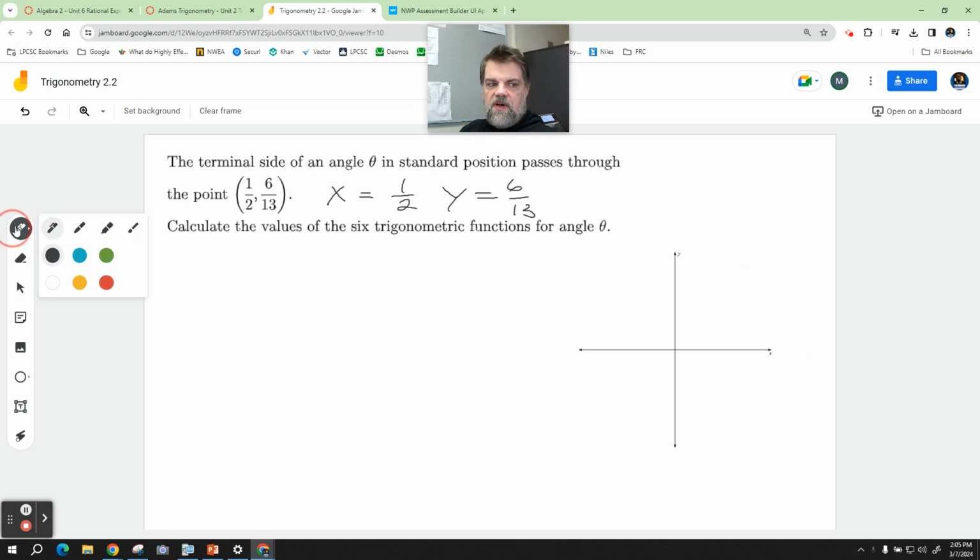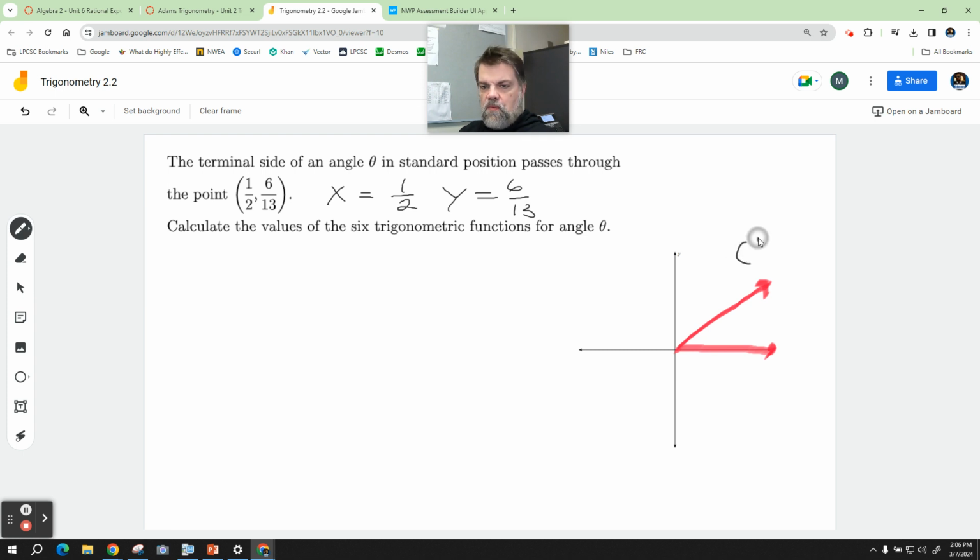So remember that we're going to start here at the x-axis. That's the initial side. Now, x is 1/2, I don't know where it is, but x is positive, y is positive, so it's going to live somewhere in the first quadrant, right? And you don't have to draw it to scale, just draw some right triangle. And then what I like to do is label the points.